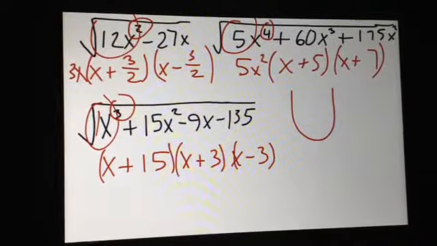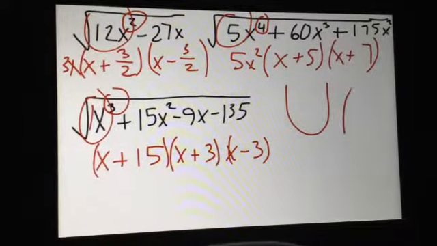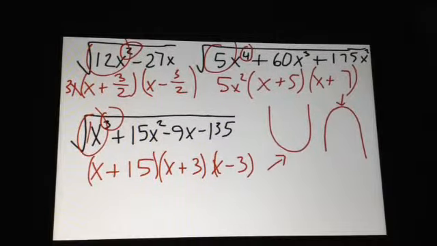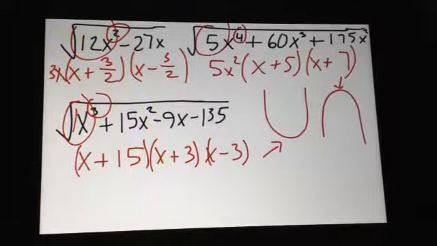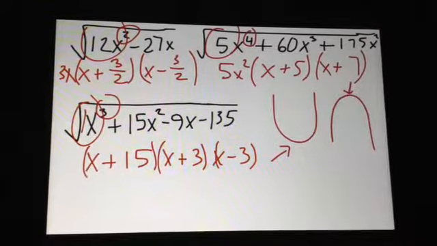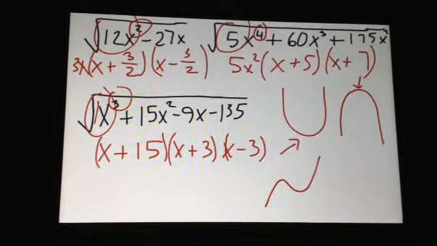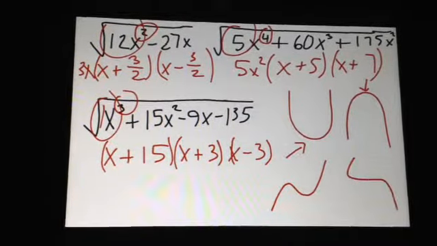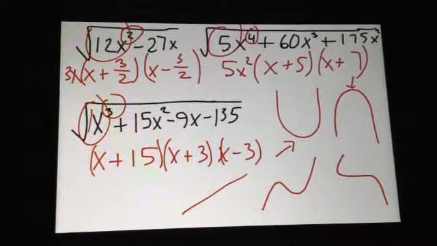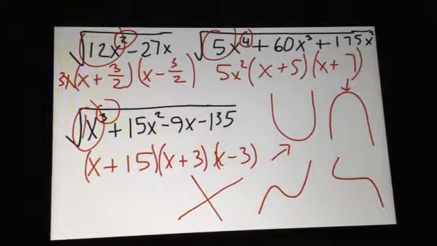That's if it's positive. But if it's negative, it'll go like that. But if it's an odd degree, it'll look something more like this and like this. Or if it's linear, it'll look like that.